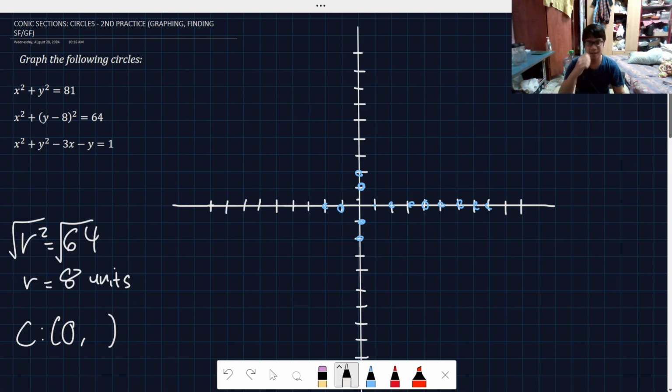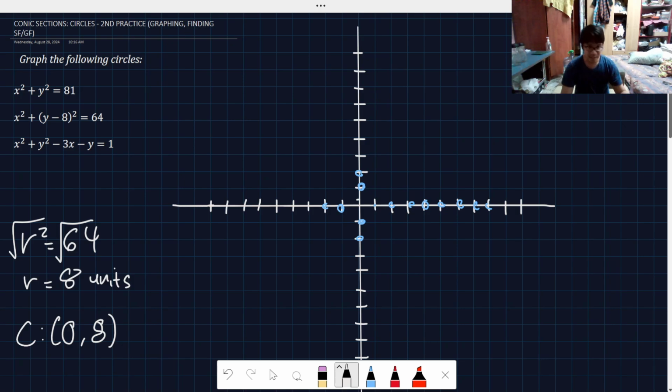Because if you're going to find the center, whatever the constant you have here for your y and for your x, you have to change the sign. So here we have negative 8. So change the sign of that number, positive 8. So that would be your k, positive 8. That's it. That is the center.